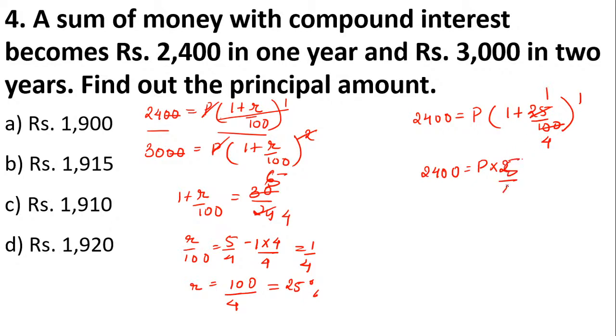So 2400 into 4 upon 5 will give you the principal, which is 1920.